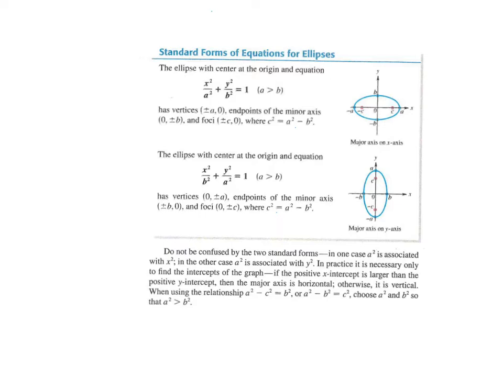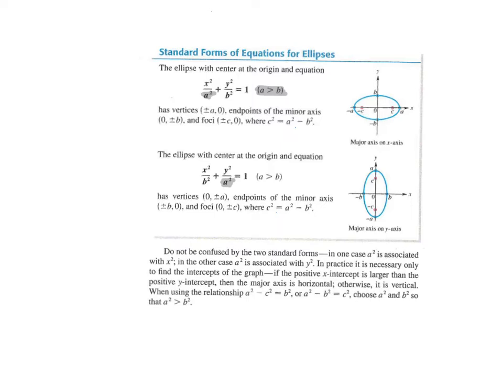That stays. What changes is where the a squared and the b squared are. So the a squared is always going to be the larger number. When the a squared is under the x squared, your major axis is the x-axis. When the a squared is under the y squared, then your major axis will be the y-axis.